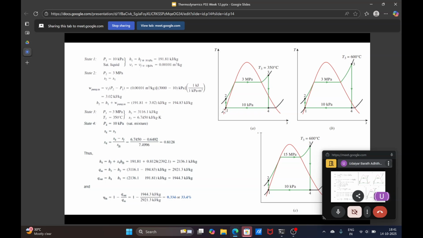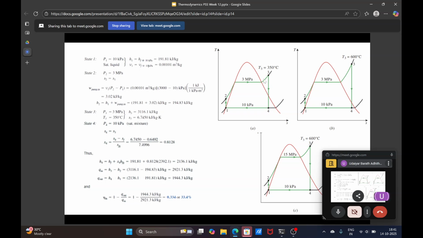Since S2 and S1 are the same, the pump work can be written as v times delta P. Substituting the values, we get the pump work to be 3.02 kilojoule per kg. So H2 minus H1 is your delta H, which is the specific pump work, so H2 is H1 plus the specific pump work, which is 194.83 kilojoule per kg.